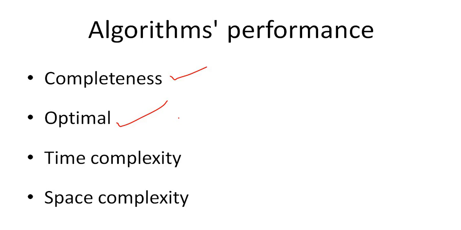For example, if you want to find an optimal path with respect to energy consumption, then there are algorithms that can minimize energy consumption and give you the best solution.